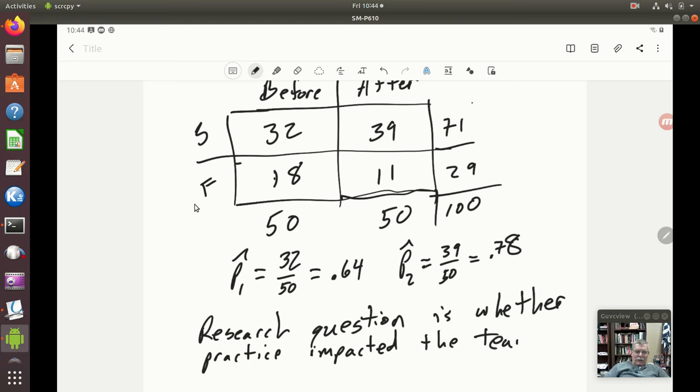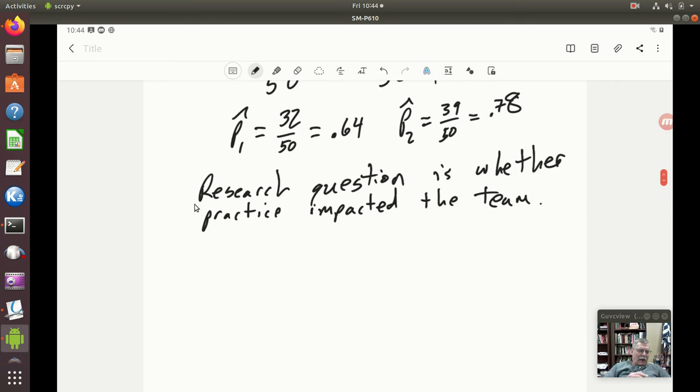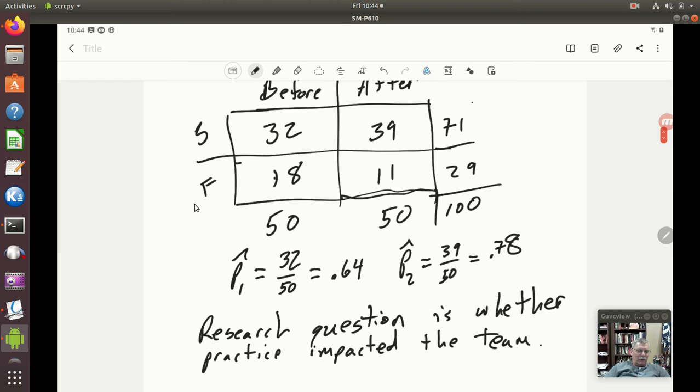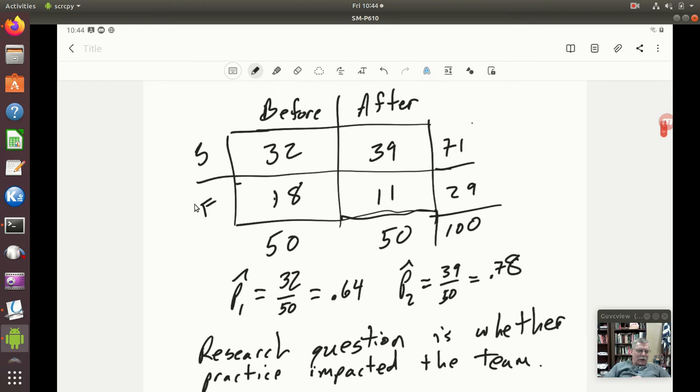And as I mentioned, we're going to look at confidence interval first, and the way the confidence interval works is we're actually going to look at the difference. Here, I think this is something very important to notice: we're going to talk about the difference.